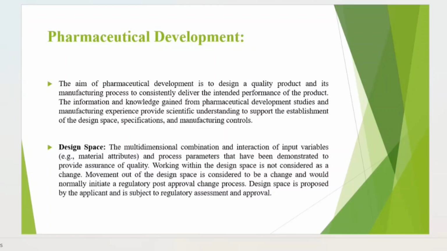So with the help of the pharmaceutical development report, we can build a quality product, and also we can build a manufacturing process which helps us to consistently deliver a quality product.